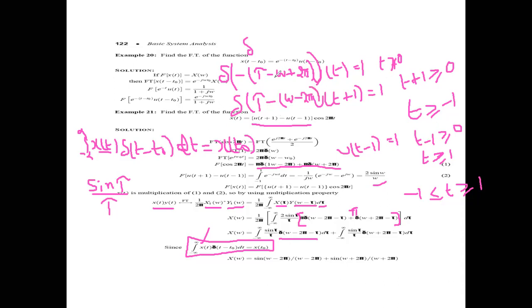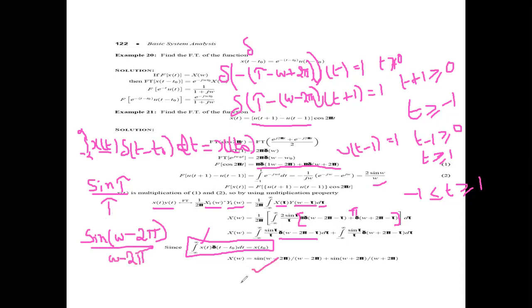I'm taking the minus as common. Omega minus 2 pi. Now it is in the form of t minus t naught. What is the shifted sample here? Omega minus 2 pi. Now the replacement of sine tau by tau is sine of omega minus 2 pi whole divided by omega minus 2 pi.